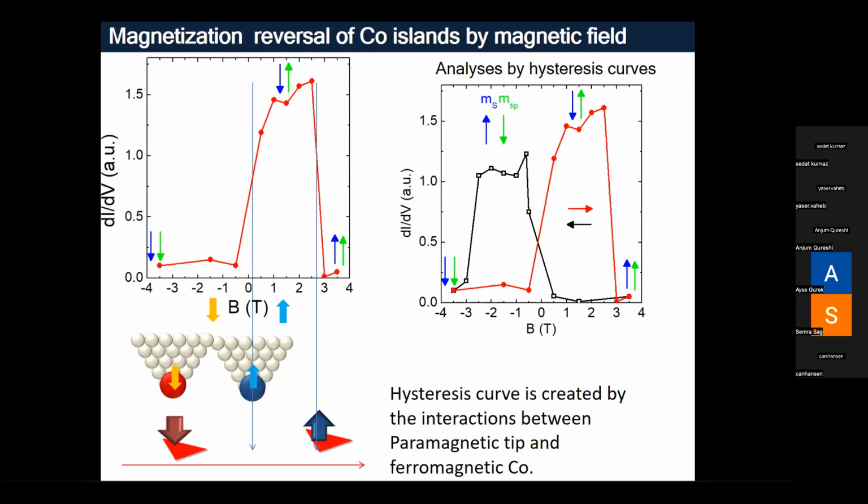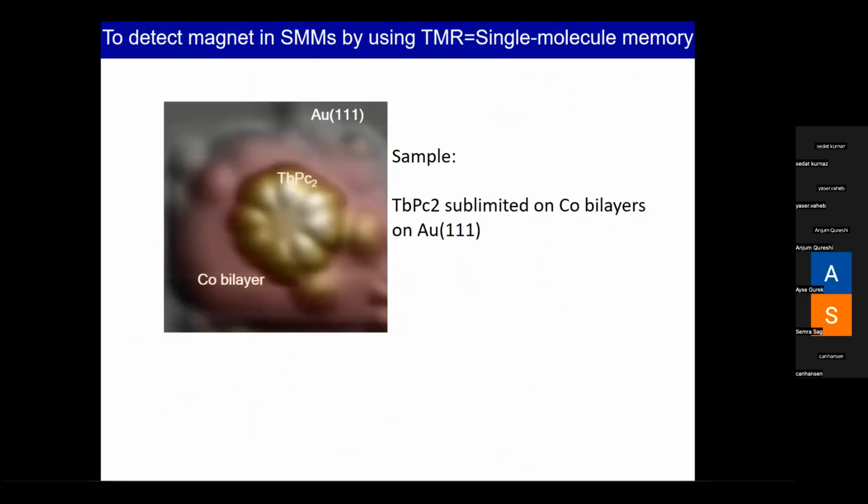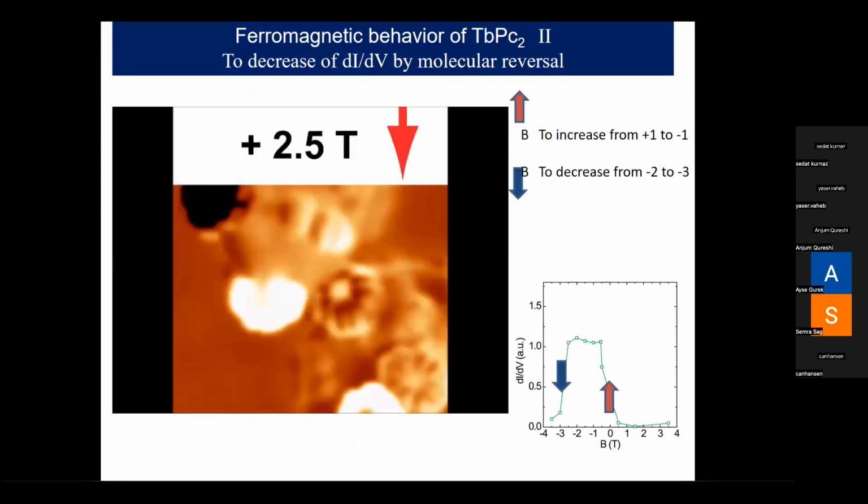Large pieces observed. So then we must realize a single molecule magnet. So this is a single molecule magnet. We access one molecule. We put the information, up spin or down spin, in the single molecule magnet. Okay, dark color, now spin down. Spin down. Okay.